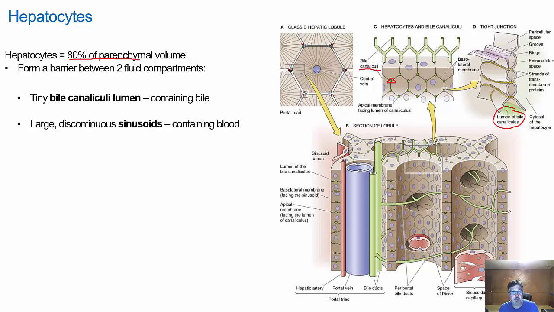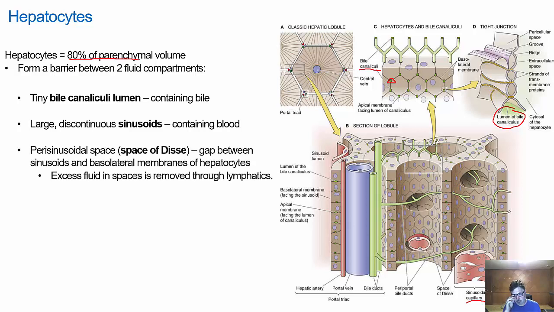You'll also notice in between the hepatocytes these big discontinuous capillaries, these sinusoids. These sinusoids are fenestrated, so they're very porous. They're going to allow large solutes, amino acids, even entire proteins to move into and out of the capillary spaces. In addition, around the capillaries, there is an extra space between the hepatocytes and the capillary endothelium.